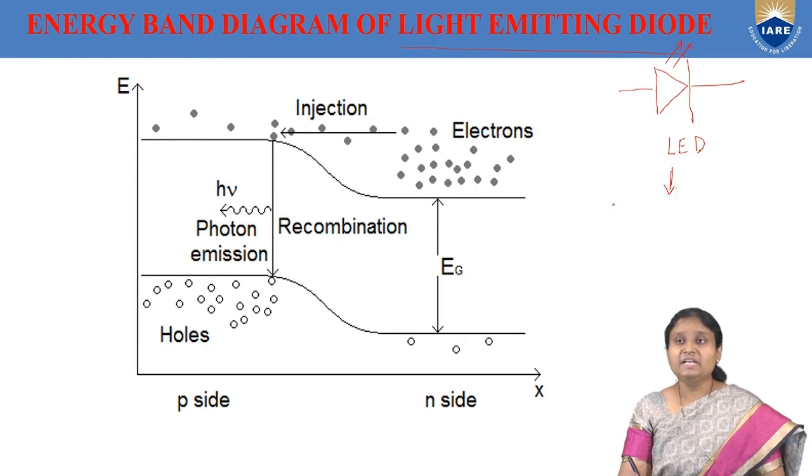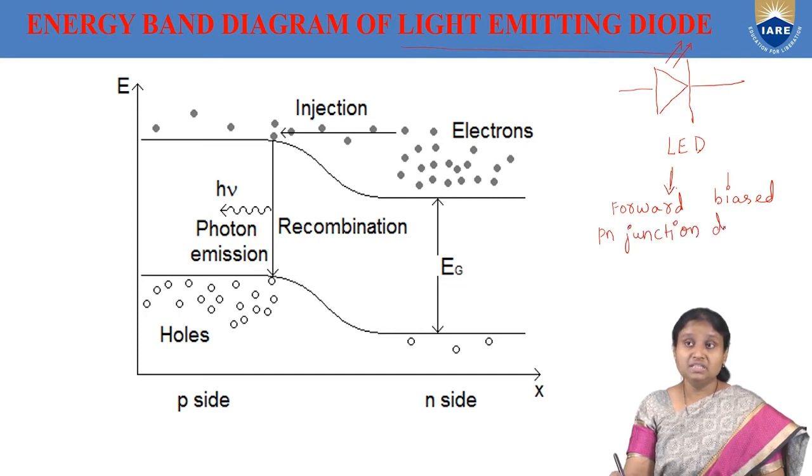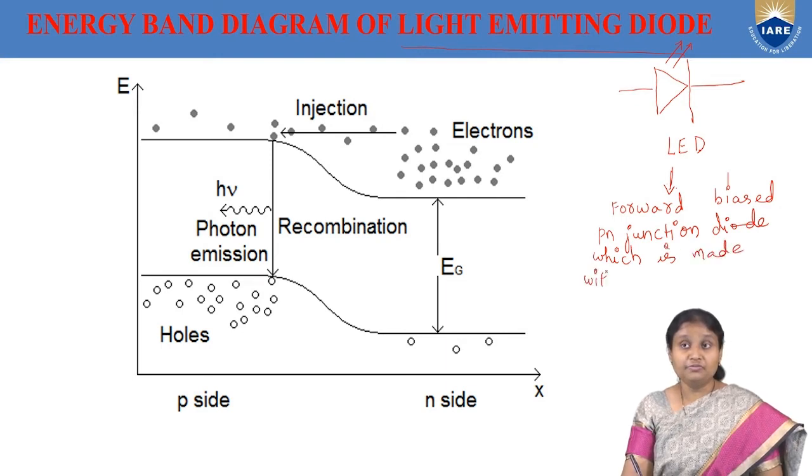And what exactly is our LED? LED is a forward biased p-n junction diode, which is made with some special type of semiconductors. What are those special semiconductors?